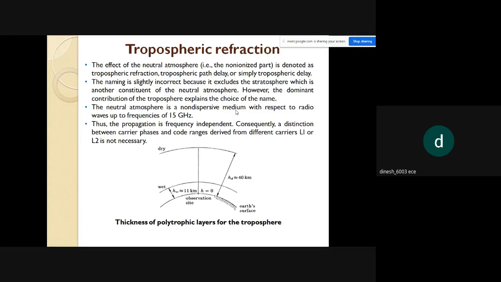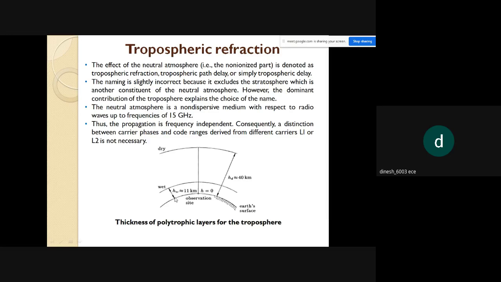So tropospheric refraction is an important parameter to be noted in order to have a good GPS signal. We have the Earth surface as in this diagram, an observation satellite, and an observation site.